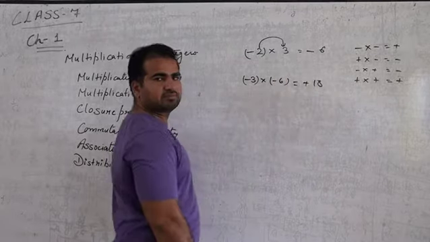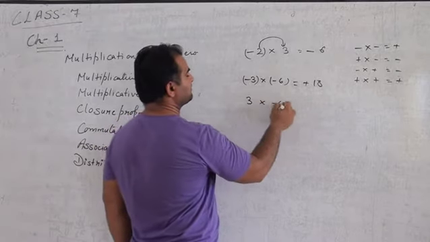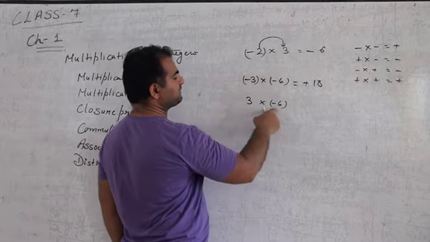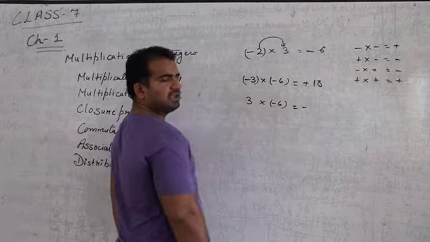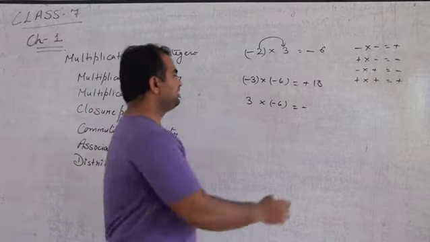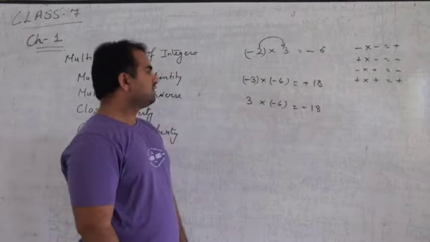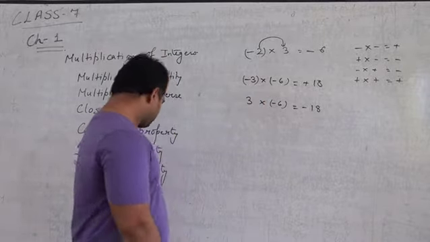It's 18. What is 3 into minus 6? Positive and negative always give a negative sign. And 6 into 3 is 18, so it will be minus 18. So this is the method to multiply two integers.